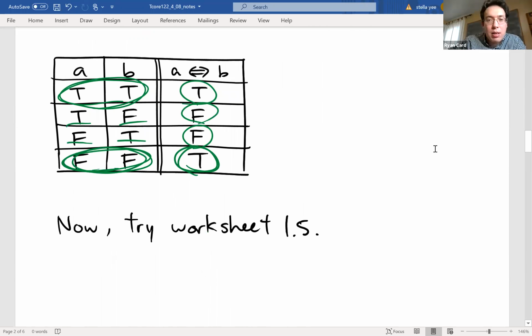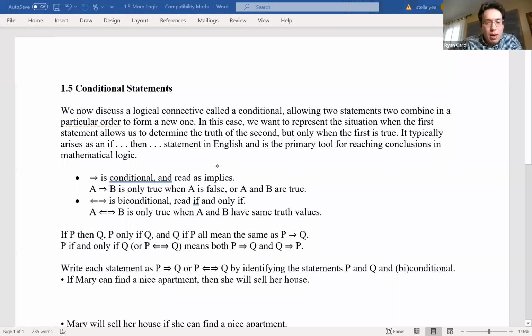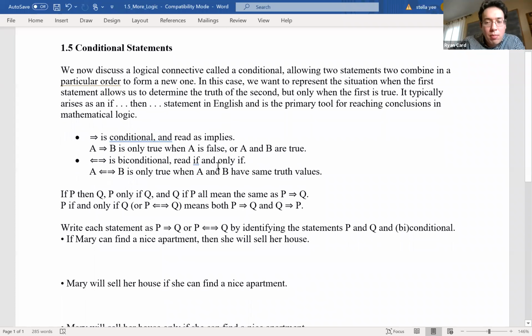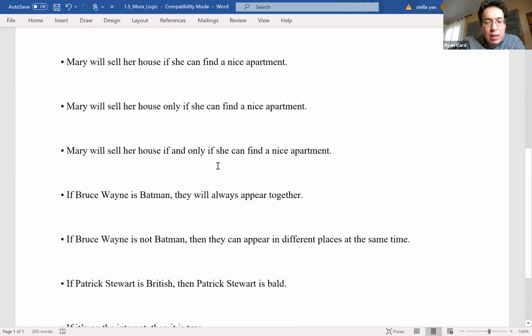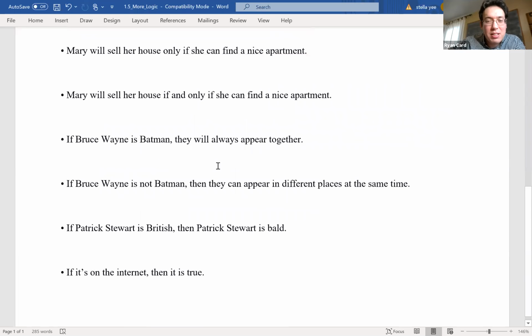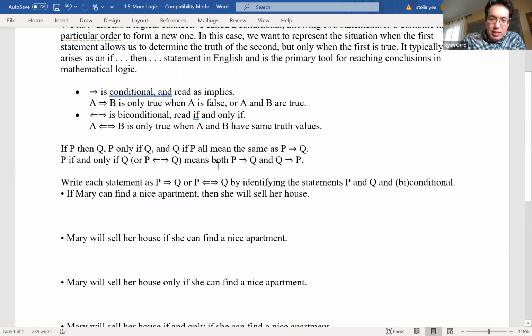Okay, so let's try worksheet 1.5. Let me bring it up here. All I have is a list of statements in English, and I want you to interpret each of these conditional statements, or maybe it's a biconditional statement, and write it in symbolic form.